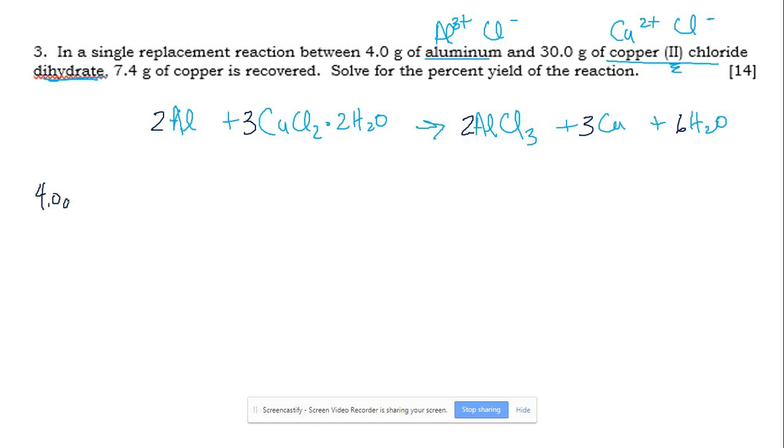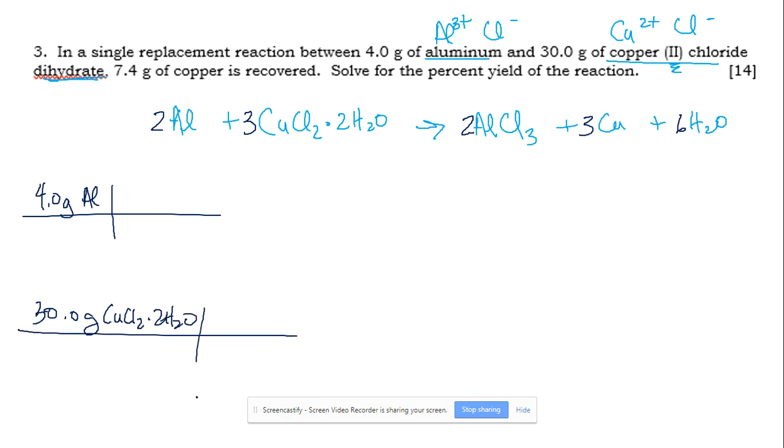I have 4 grams of aluminum, and we have 30 grams of copper 2 chloride dihydrate. And we need to turn these both into copper because we need to figure out what theoretical yield to use.